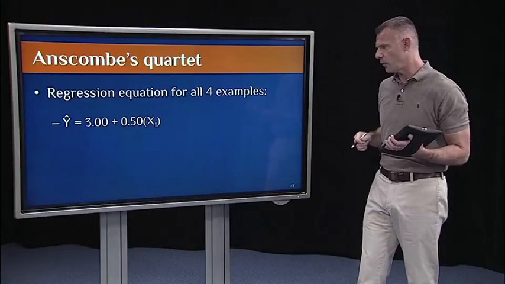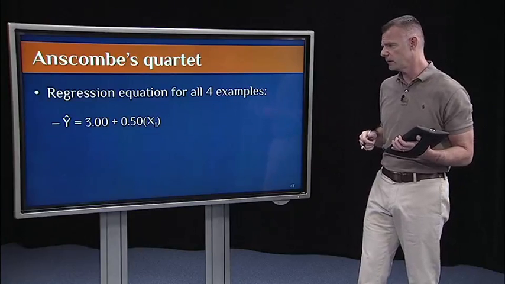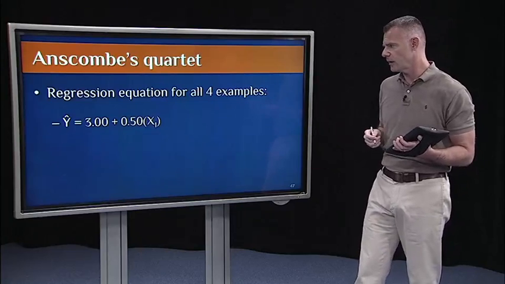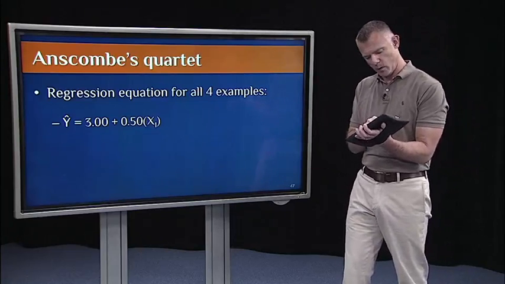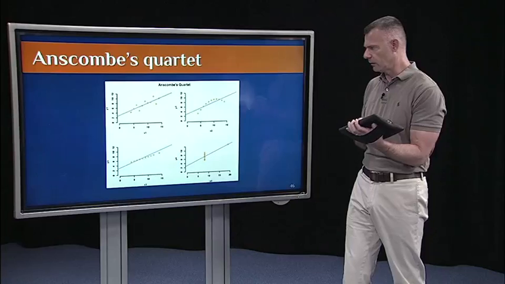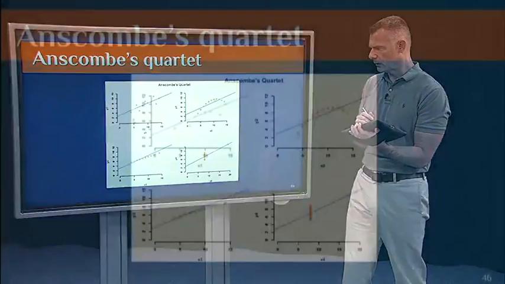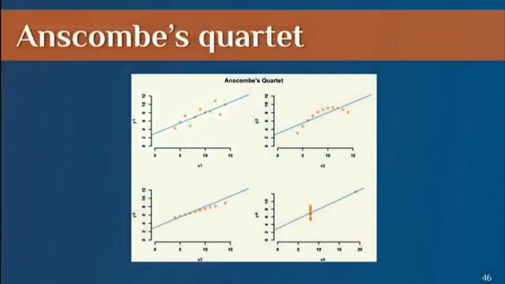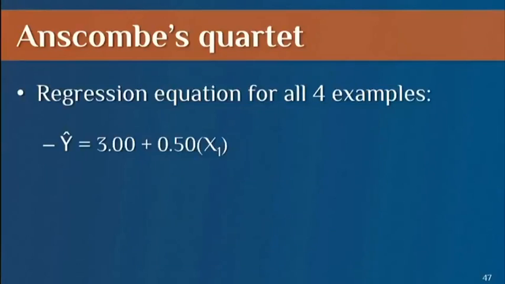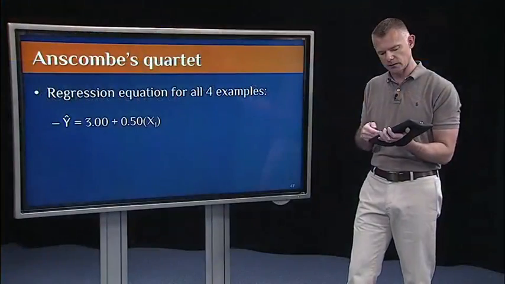So here is the output of a regression analysis. The regression constant is 3 and the slope is about 0.5. If you go back and look at the scatter plots, you see the intercept indeed is about 3 and the slope indeed is about 0.5 for each one of those. But clearly, only the first one on the upper left satisfies the assumptions underlying a linear regression analysis.